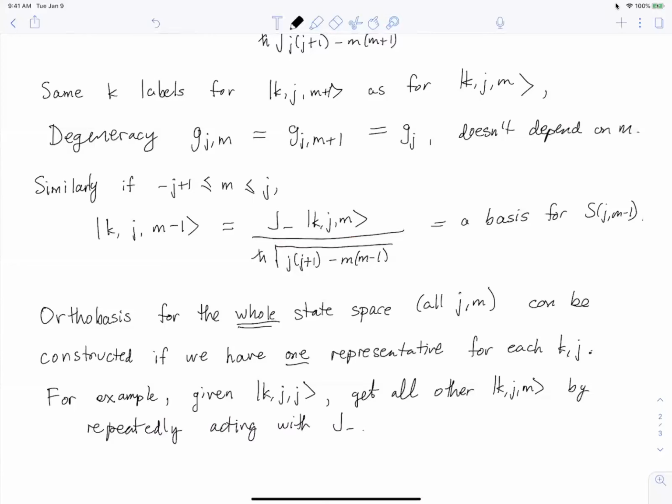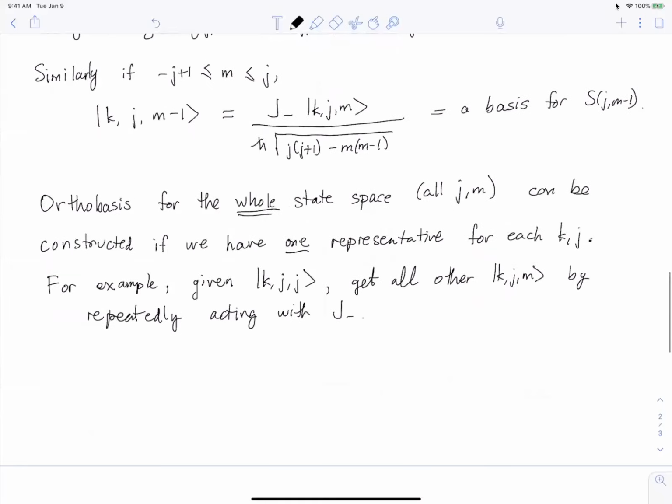Okay, but if you care about normalization, then you also have to worry about the prefactor in front. Or let's say you're given a state k, j, minus j, so m is minus j. Then you get all the others by repeatedly acting with j plus. And you could have some state in the middle, and then you act up with j plus until it vanishes. You act down with j minus until it vanishes, and you get all the states this way.